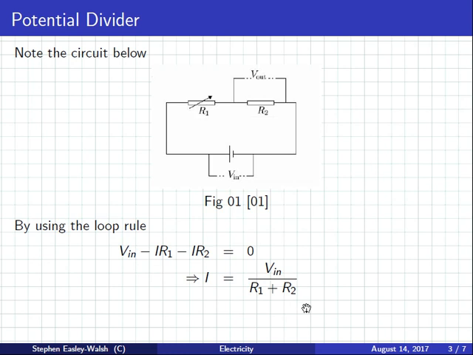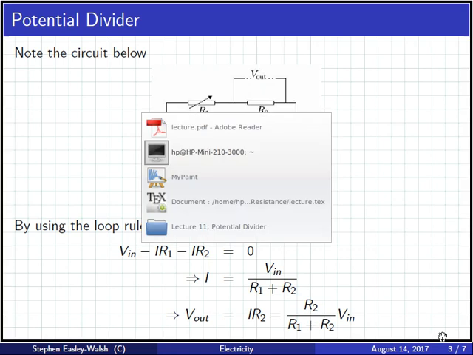Yep. But we have a formula for voltage. Voltage is IR. So this V out here is IR2, which is equal to this. So in other words, by using the loop rule, we can easily get this formula for V out.